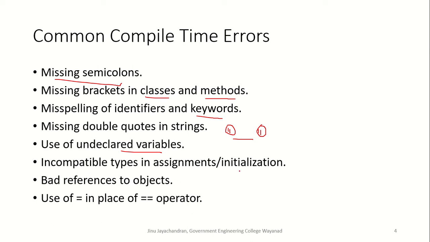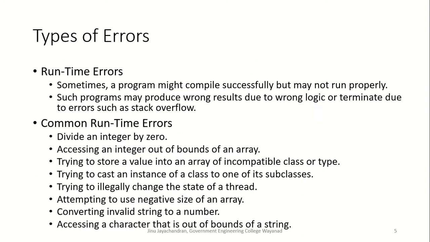Incompatible type means you might have declared a variable a which is of type int, and a variable b which is of type double, and when you do a equal to b, you are assigning an integer variable a value from a floating point variable. This is called incompatible types. You cannot do that. Another one is bad reference to an object, or use of equal to in place of the double equal to operator, basically if you do if, etc.